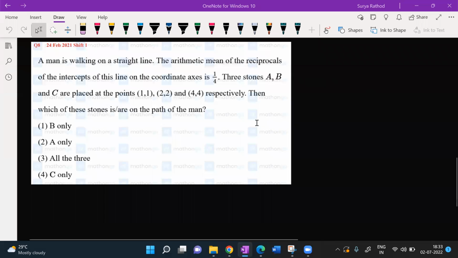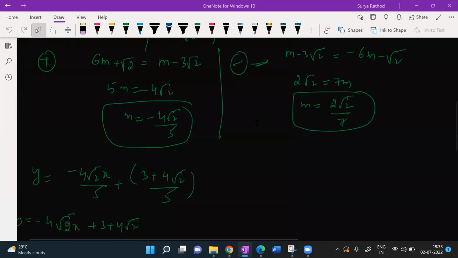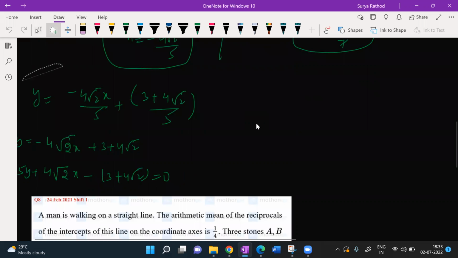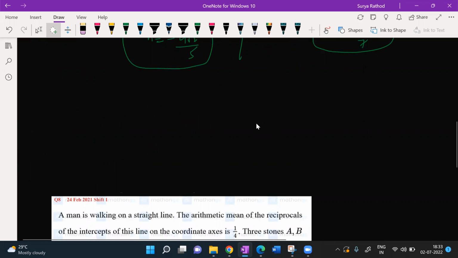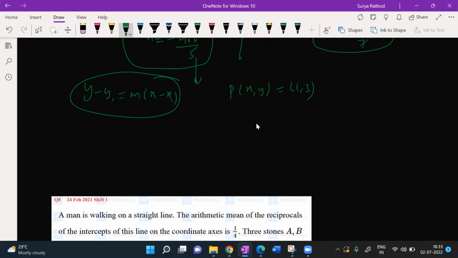Very simple. Or else I'll simply give a trick to you all. The previous question you can solve in one more way as well. What is the way? You have a point and slope. You take any slope, y minus y1 is equal to m into x minus x1, the point slope form. What is the point you have? You have the point 1 comma 3 here, and for slope you take either this slope or this slope.